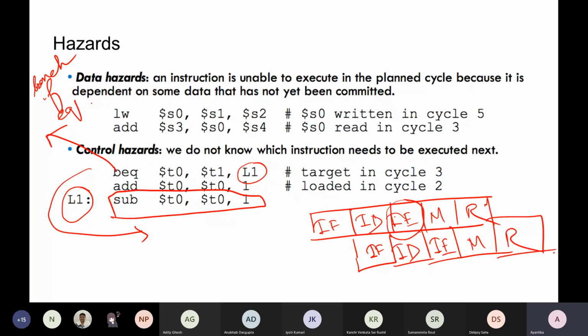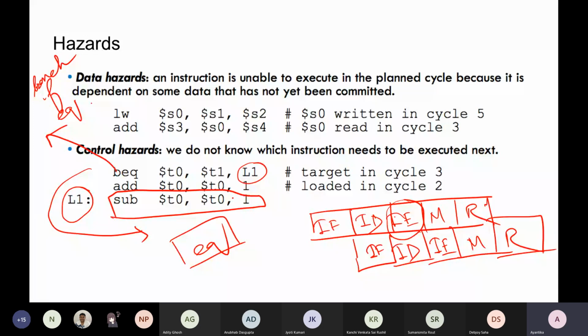After execution of this comparison, now think in terms of the hardware, that in your hardware you have some equality check module in your ALU that has checked whether it is equal or not. Based on 1 or 0, you are ready to jump.